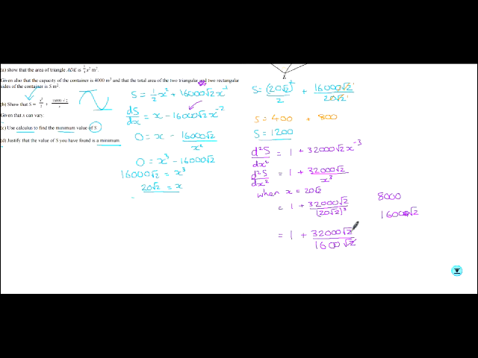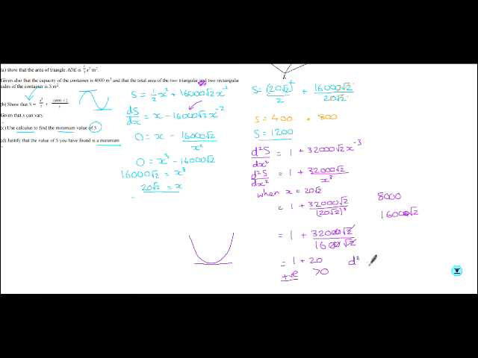Okay, so we can cancel out these root 2's. We can divide by 100, and so we can see that is 20. So 1 plus 20 is 21, and that's positive. Okay, so that's positive, and that's greater than 0, which means it's a minimum, because after the stationary point we're expecting it to be a positive gradient and greater than 0.